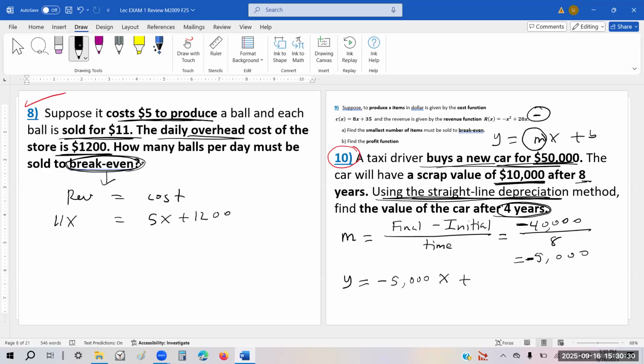That means where you started, your buying price. So 50,000. And now after 4 years, we have y equals negative 5,000 times 4, and we're subtracting this result from 50,000. So how much is the value of your car after 4 years? 30,000.